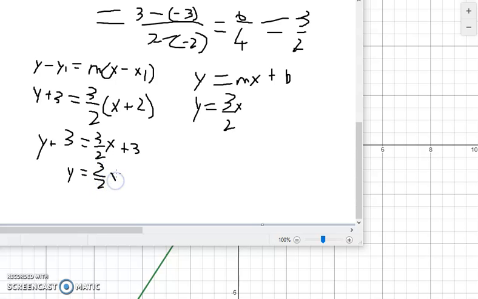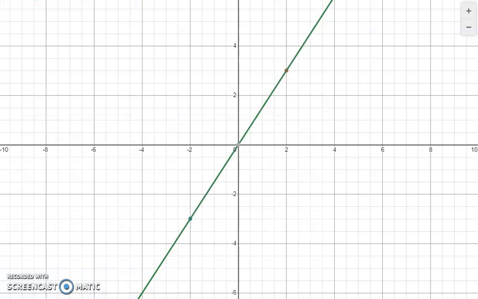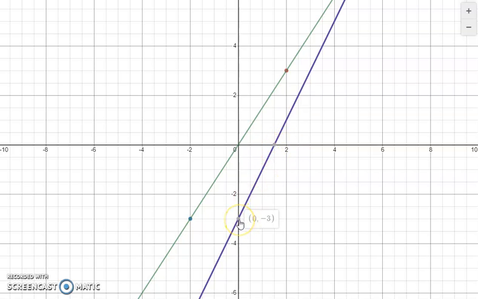So that was an easy example, obviously, so I'm going to just make up another line here. I'm going to say y is equal to, how about 2x minus 3? So the purple line right here. Notice that this is a point (0, -3) on the line.